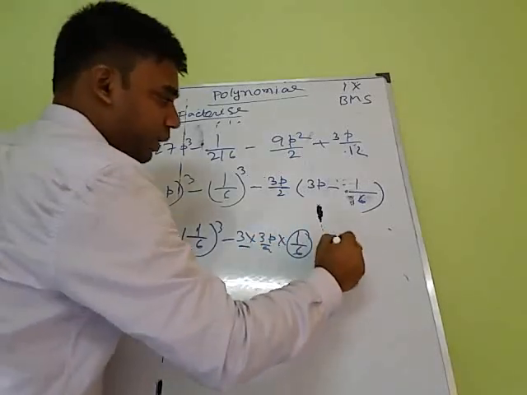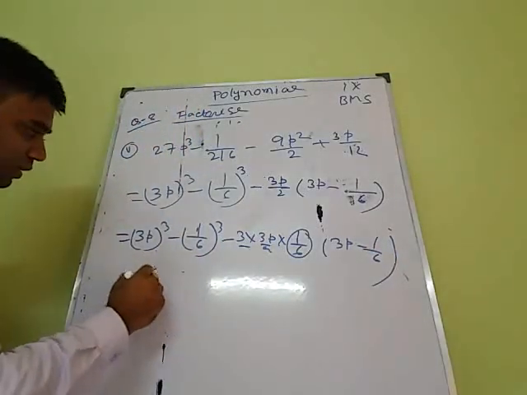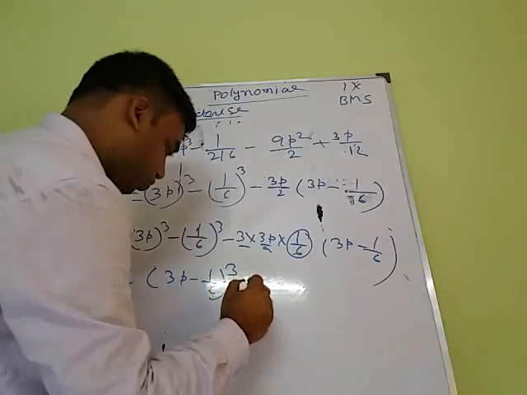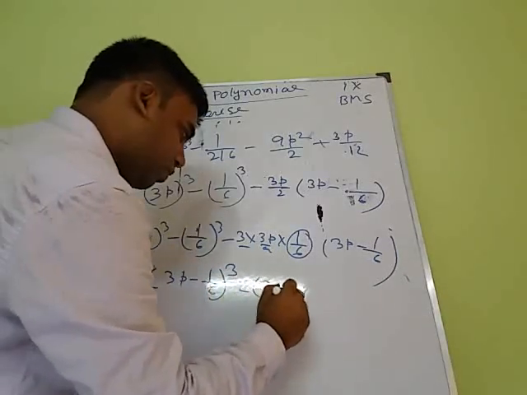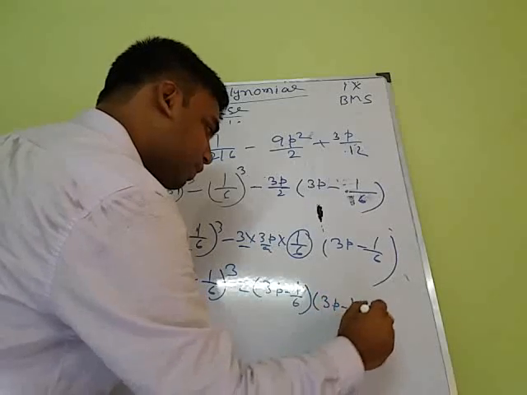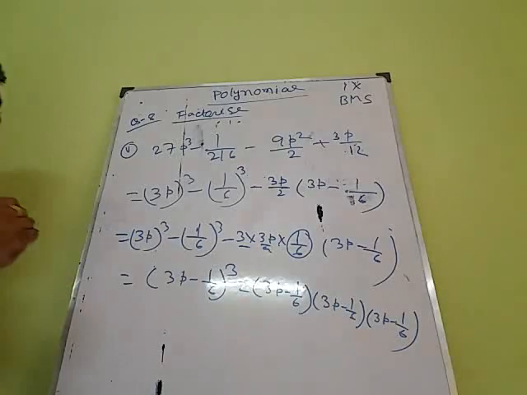So that is (3p - 1/6) whole cube, that is (3p - 1/6)(3p - 1/6)(3p - 1/6). That is the formula.